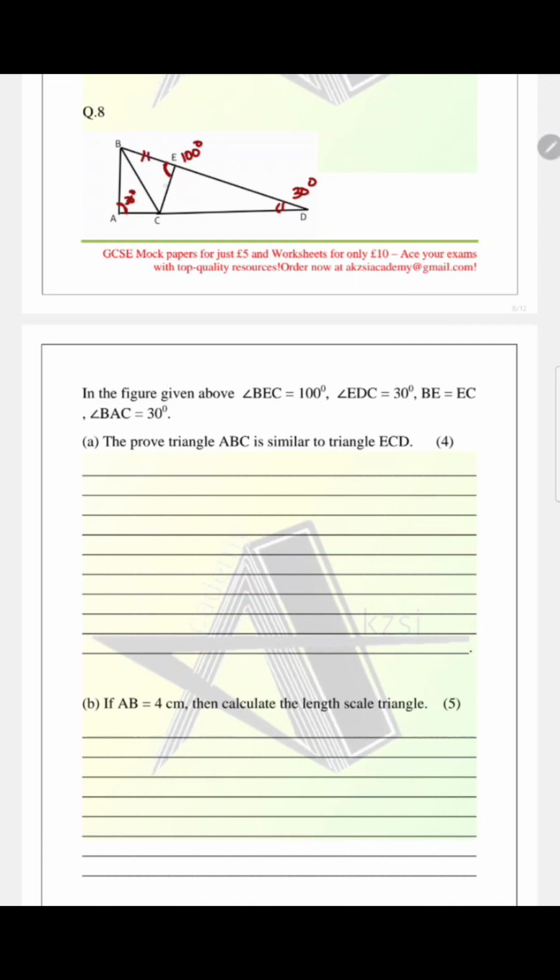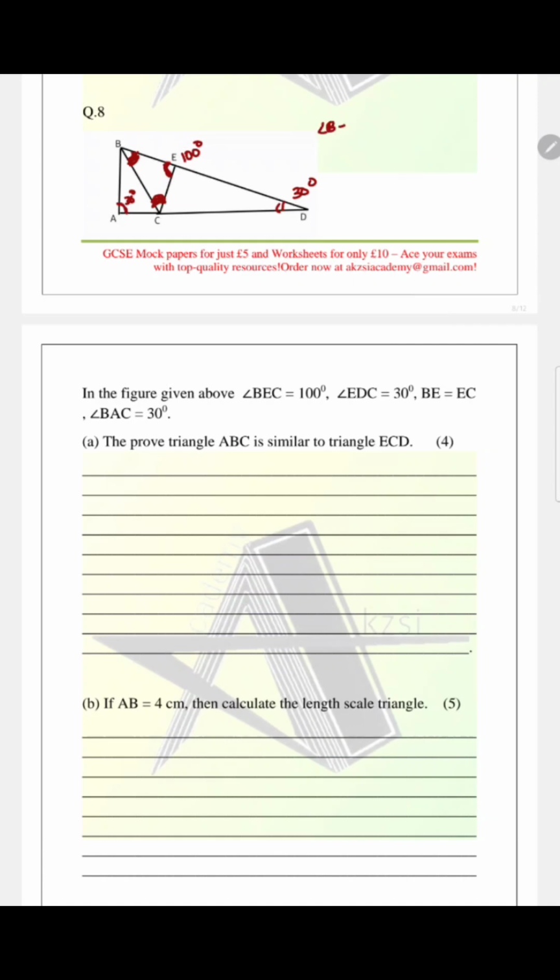So BE equals EC, which makes this whole triangle an isosceles triangle, which means this angle is equal to this angle. And by angle sum property, if this is 100 degrees, the sum of the other two will be 80, and then each one is 40 degrees.